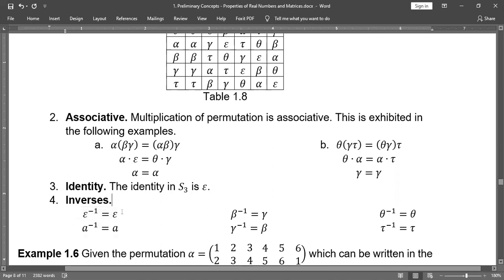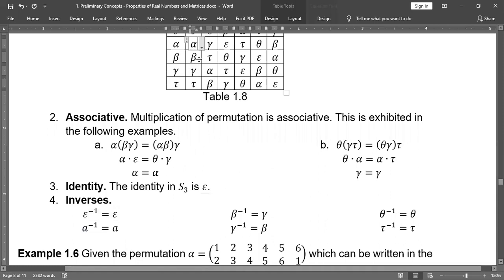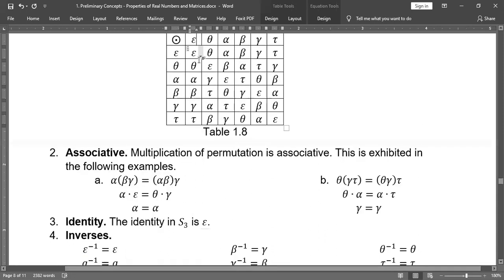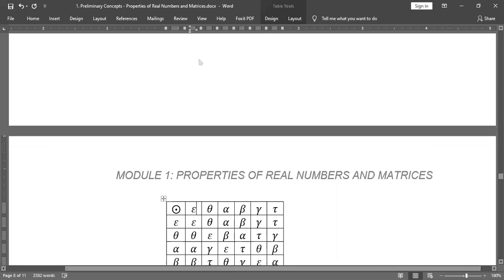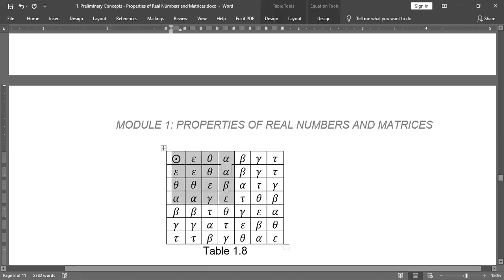Si alpha naman, when operated to alpha, babalik siya kay epsilon. Ayun. Si alpha, kapag inoperate natin si alpha kay alpha, babalik tayo kay epsilon. So, yun yung inverse niya.